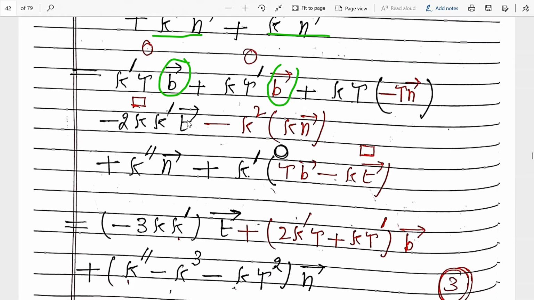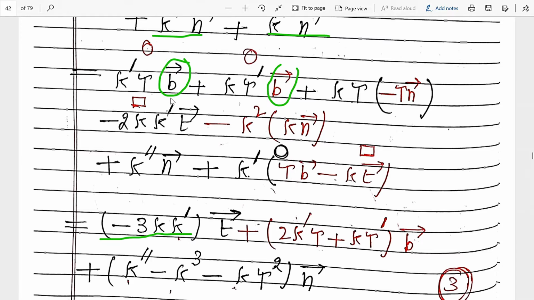Now separating all these values, this is minus 3 kappa kappa dash, from this one, minus 2 from this, and minus 1 from this. These are denoted by rectangles. So adding these terms, we get the value in terms of t vector. Now in terms of b vector, one circle, second circle, and this is a third circle.